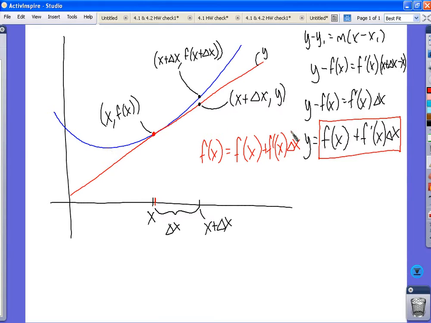This is much easier to calculate than, say, the cube root of x plus the sine of x cubed over 2 times the tangent of x over 2. You see what I'm saying? If it's a really complicated function, it becomes quite the chore. But if we use the linear approximation, it's much easier to use this line to approximate the value that we want to find.